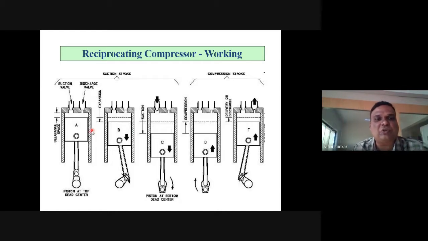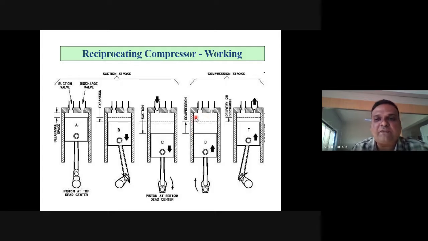So in the suction stroke, the piston moves from TDC to BDC, the inlet valve opens and air is admitted inside the cylinder. After the suction stroke, the inlet valve is closed. So in the compression stroke, the inlet valve as well as the outlet valve are closed and the piston is moving from BDC to TDC.